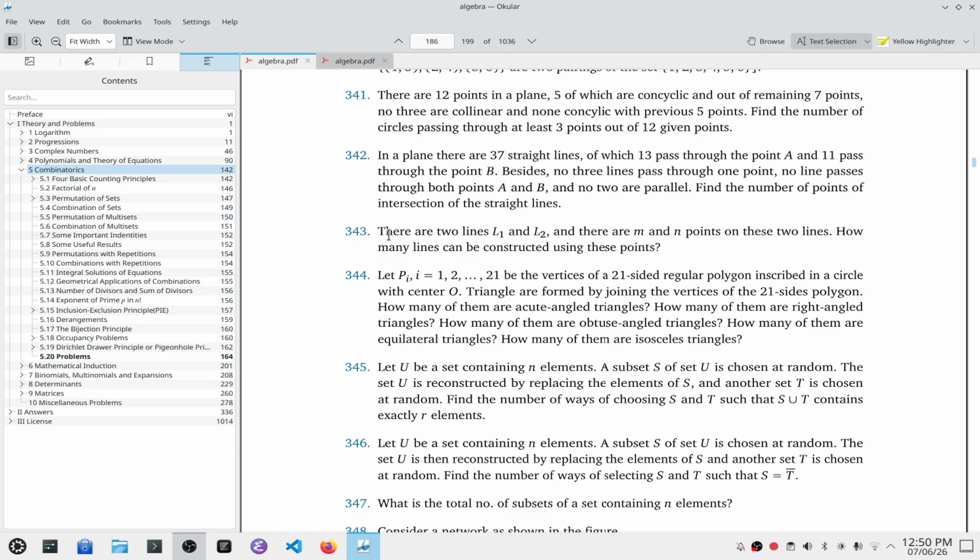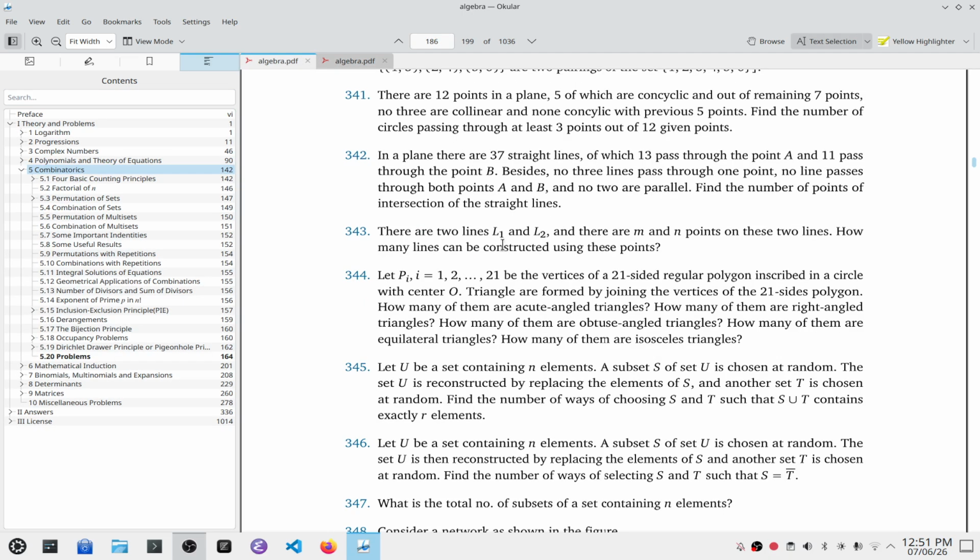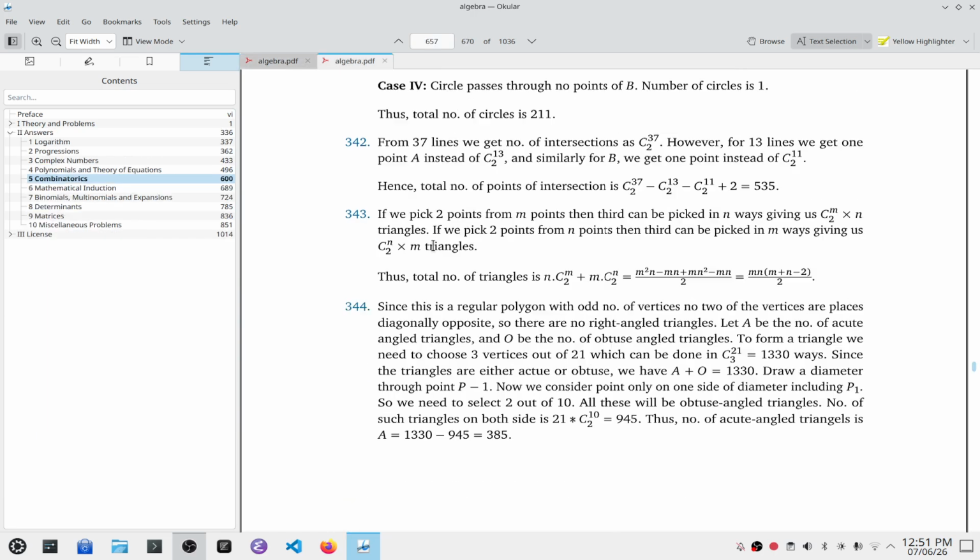Question 343 says that there are 2 lines L1 and L2 and there are M and N points on these 2 lines. How many triangles can be constructed using these points? Okay, there is some mistake. This shouldn't be lines, they should be triangles. If we pick 2 points from M points, then the third can be picked in N ways, giving us MC2 multiplied by N triangles.